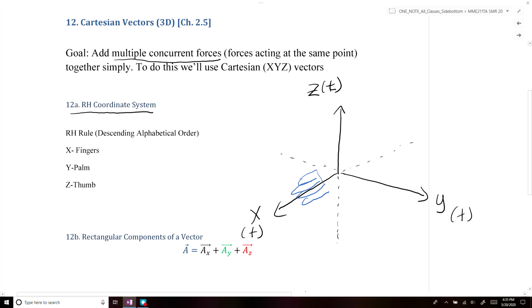Then if you bent your fingers at a 90-degree angle away, your palm and the rest of your arm would align with the y-axis. And if you stuck your thumb up in the thumbs-up position, your thumb would go along the z-axis.